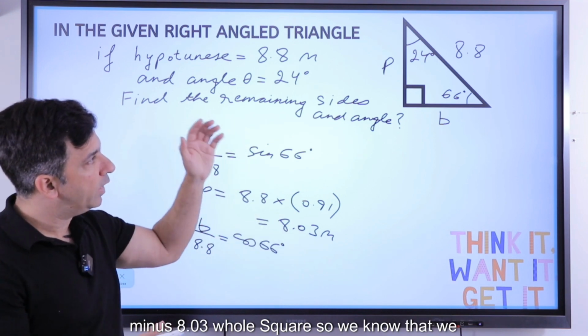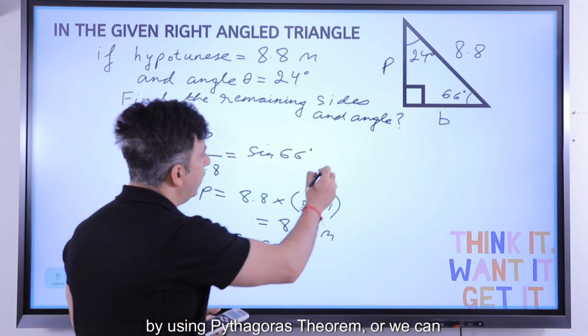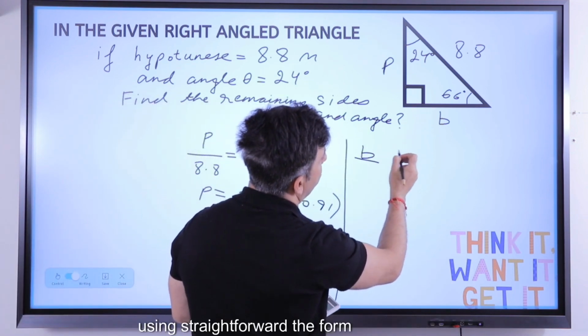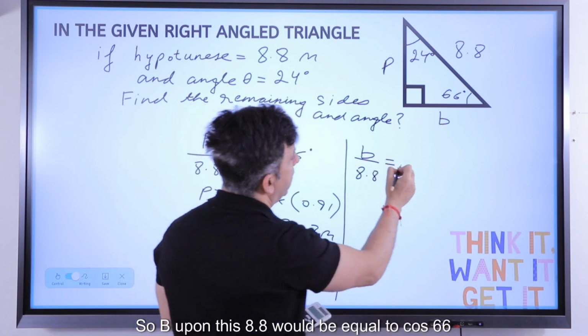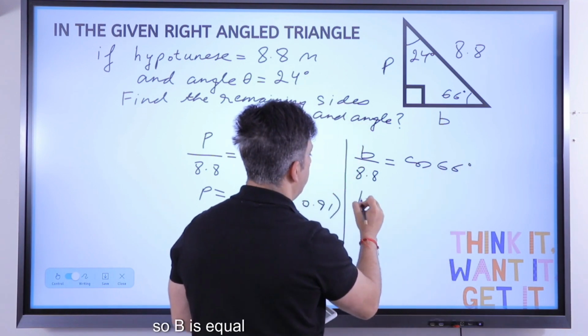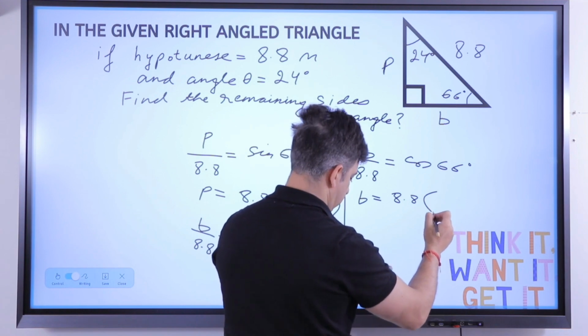Or we can simply find the value of this B using straightforward the formula of cos. So B upon 8.8 would be equal to cos 66 degrees. So B is equal to 8.8 multiplying with this cos 66.